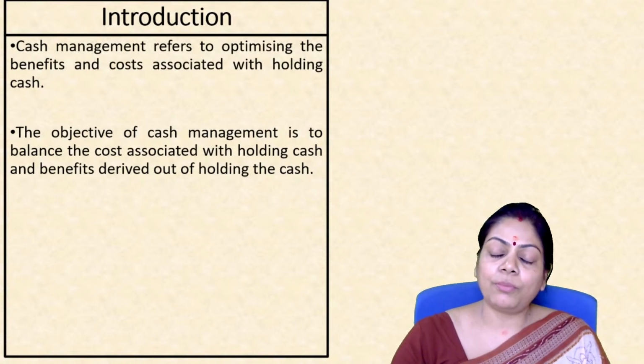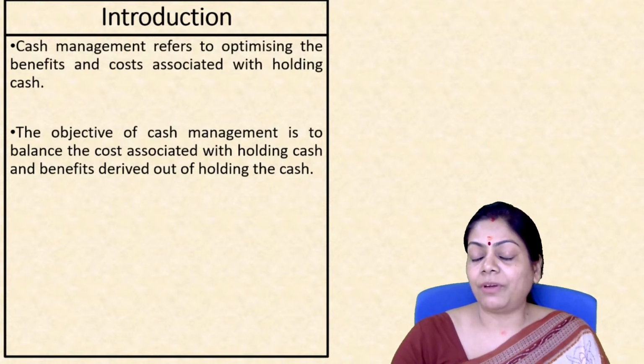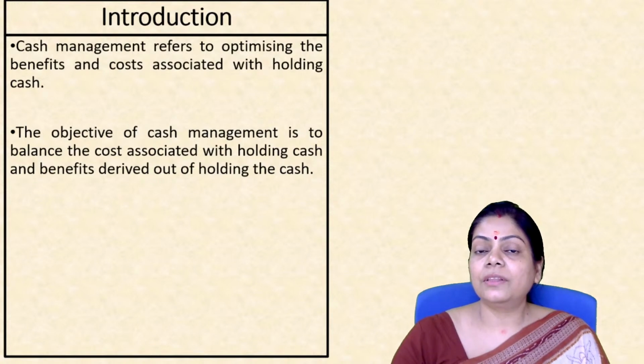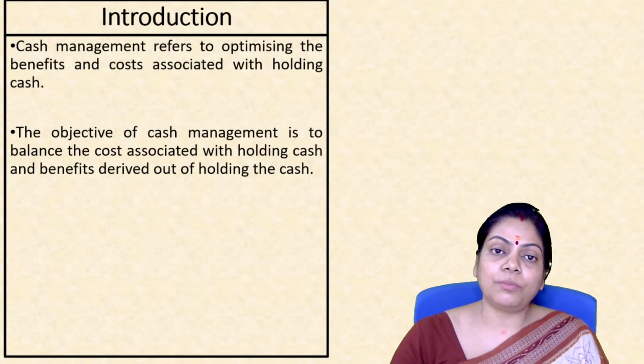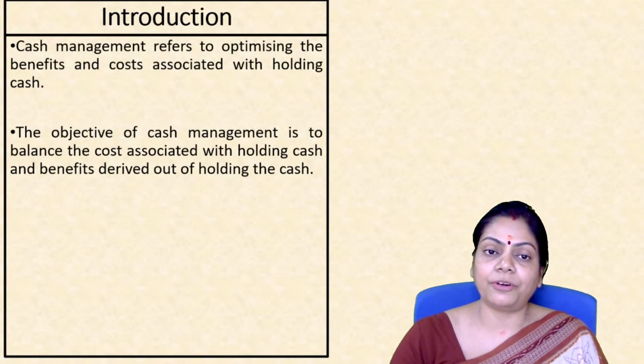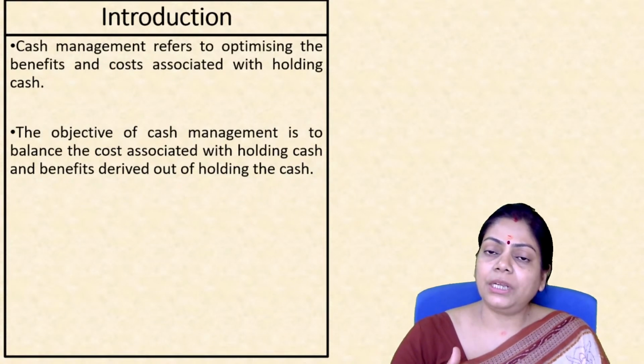Just now we talked about the benefit: if I'm holding cash, my liquidity is high. But if I hold too much, there is a cost in terms of loss of profitability. So I need to balance. Cash management is about balancing this cost and profitability. And what should be the objective?